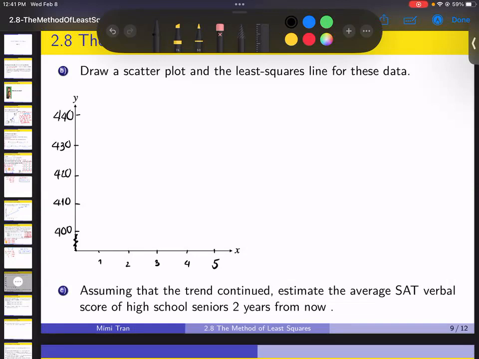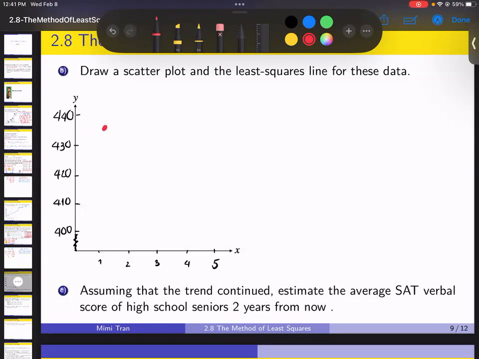All right, let's plot the points first. 1 and 436. You should try to plot it yourself, really. It'll be helpful when it comes to the exam. Right there. I'm not satisfied.